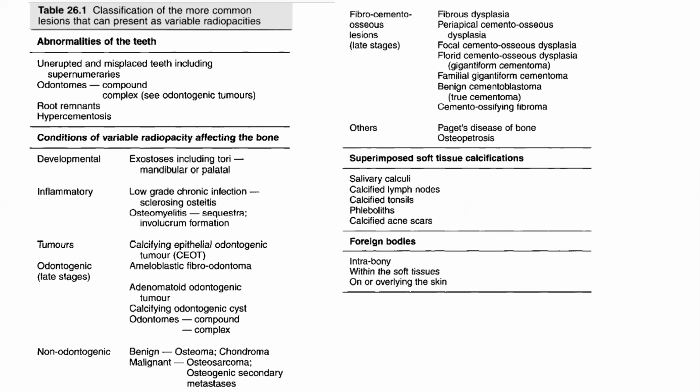Also, there's radiopacity affecting the bone itself. They can be developmental, like exostoses, or inflammatory, whether it's chronic infection or osteomyelitis, like sequestra. Tumors include calcifying epithelial odontogenic tumors, or odontogenic ones like ameloblastic fibro-odontoma, adenomatoid odontogenic tumor, calcifying odontogenic cyst, which is classified amongst tumors, and odontomes, which can be compound and complex, as we said.